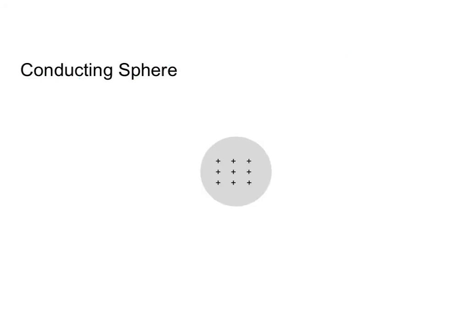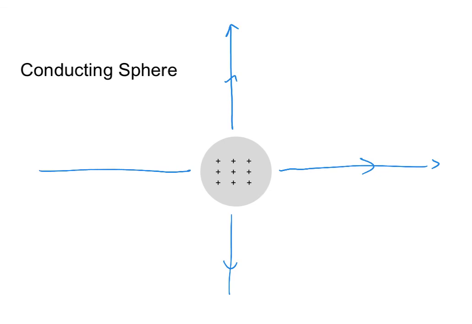Okay, last one, let's talk about a conducting sphere. Remember that outside of a hollow conducting sphere, the field lines are the same as they are for a point charge. So let's draw those.